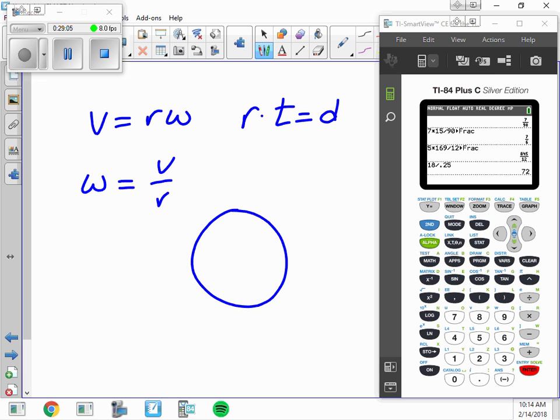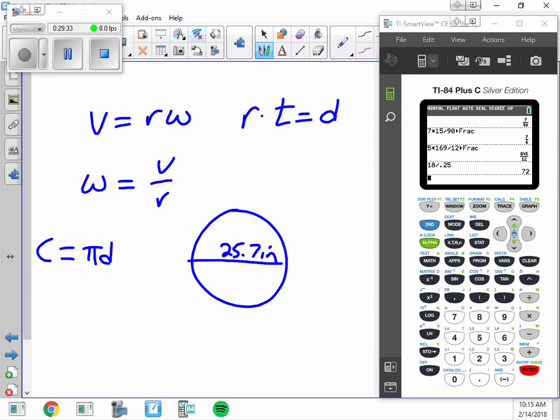So right now, the truck has diameter 25.7, and that's in inches. So we need to find the circumference. The circumference is 2 pi r, or pi d.